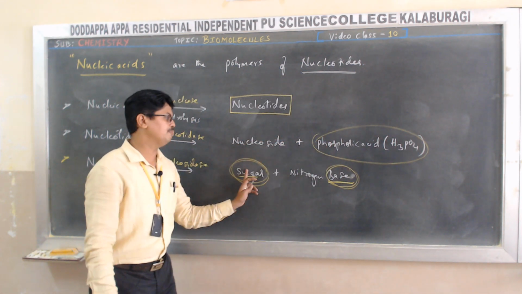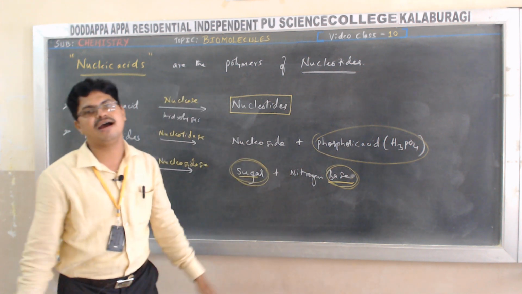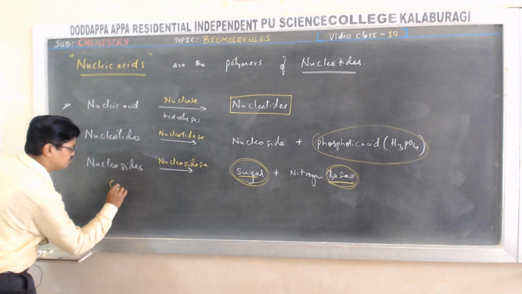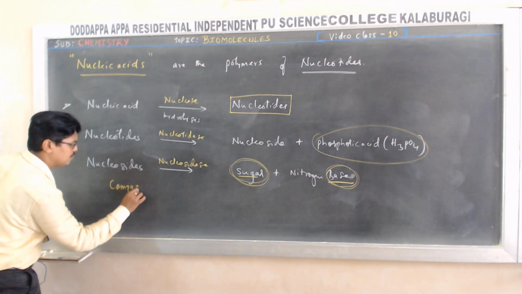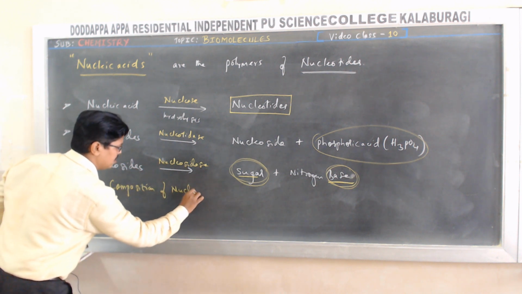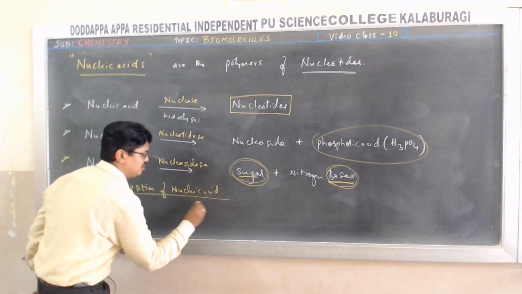These three are the important components of nucleic acid, maybe DNA or RNA. So hence we can write: the composition of nucleic acid, they are composed of three components.